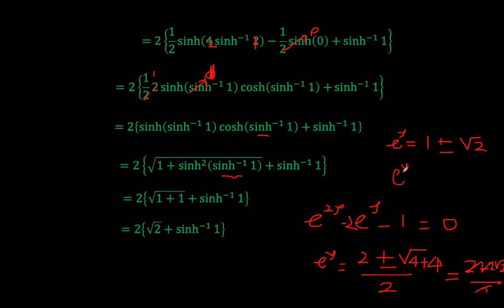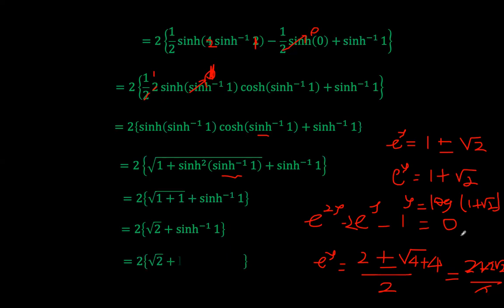So e to the power y therefore has only one candidate that fits, and that is 1 plus root 2, and therefore y is equal to the natural logarithm of 1 plus root 2. So hyperbolic arcsine of 1 is the same as the natural logarithm of 1 plus root 2.